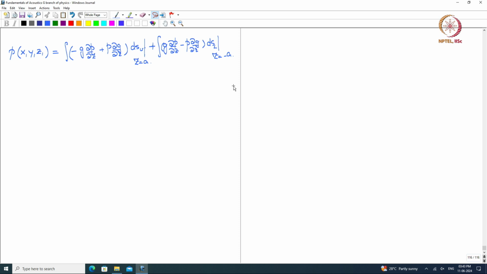Okay. Now g's exact form in this Cartesian coordinate is pretty straightforward.